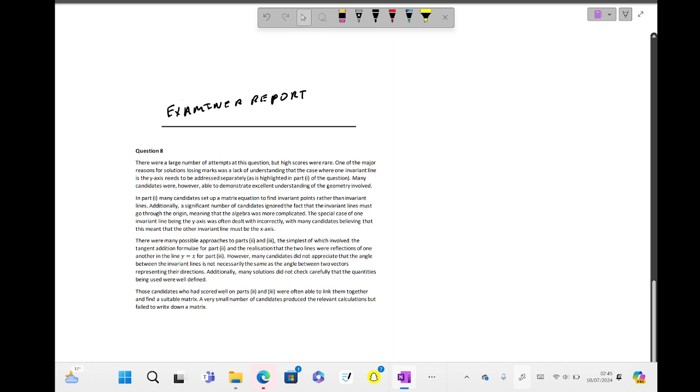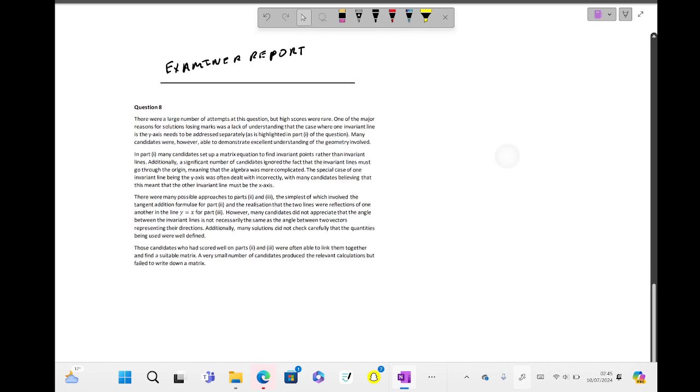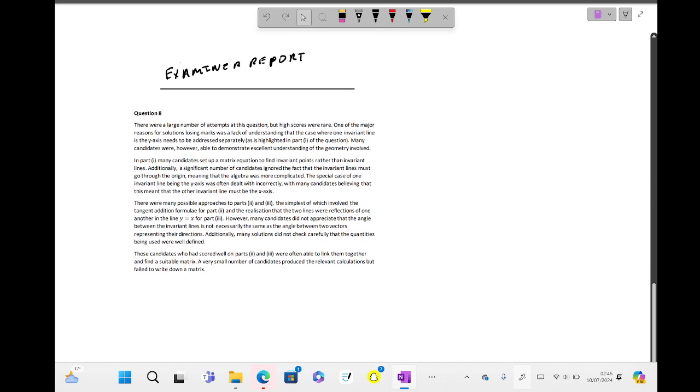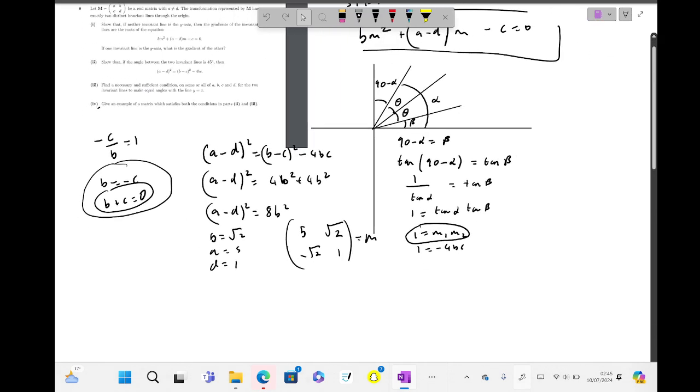However, many applicants do not appreciate that the angle between the invariant lines is not necessarily the same as the angle between the two vectors. I don't know about the vectors approach because I didn't take that approach. And they were able to find a suitable matrix. A very small number produced irrelevant calculations but failed to write. That's probably just a silly error, because I think you need to do some guesswork here.